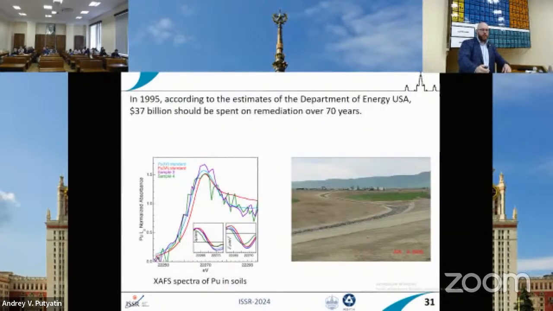According to the estimations of the Department of Energy of the USA made in 1995, to remediate all this territory will take something like 70 years, and it will cost 37 billion US dollars. So, a very long time and a very high cost.